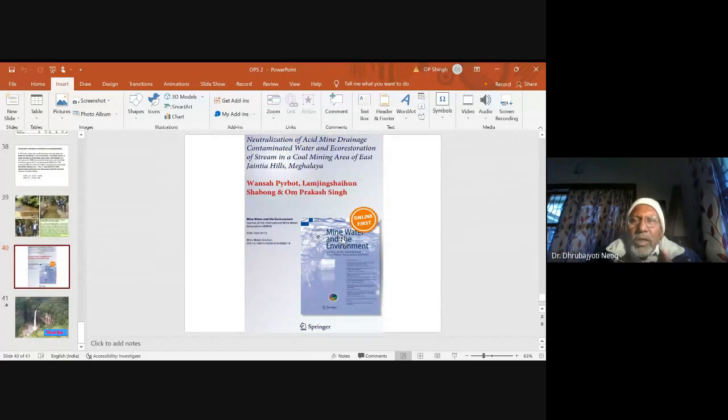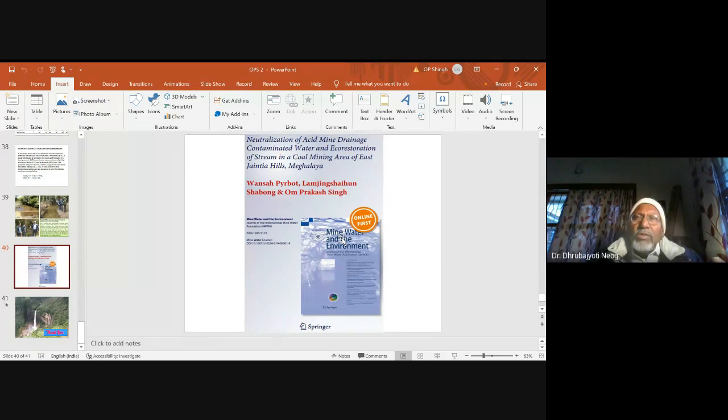Then you can use lime, because lime is also manufactured from limestone, but lime is a little costly. Since limestone is easily available, people are using it readily, but some other materials have also been used, though they are less effective. For example, fly ash, which is easily available near thermal power plants, because when we burn coal, a lot of ash is generated, and disposal of ash is a big problem.